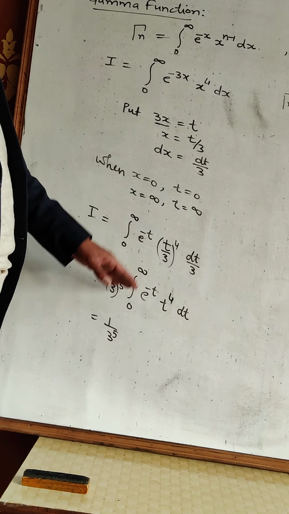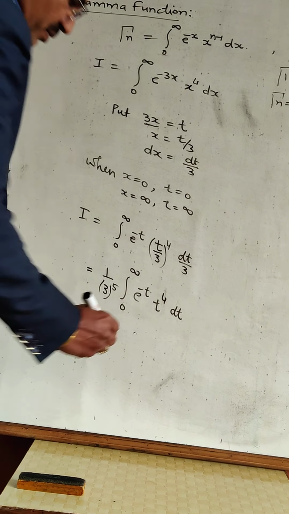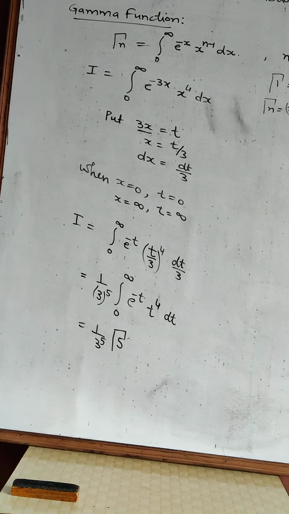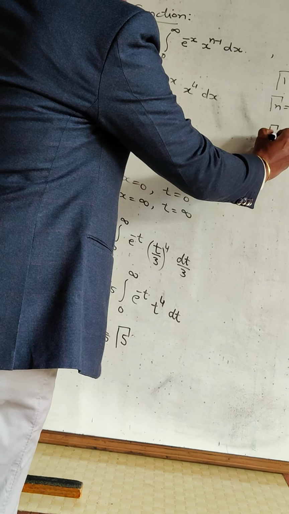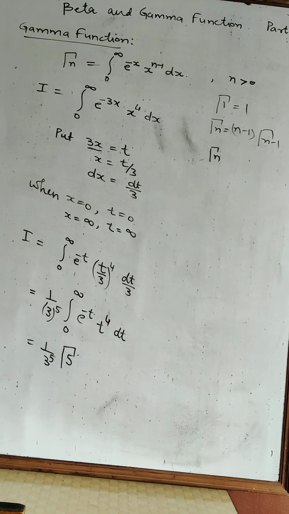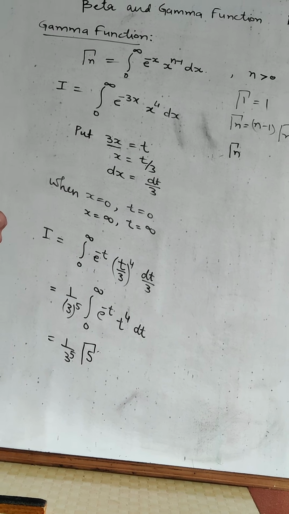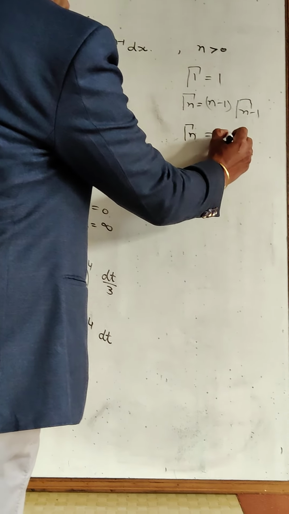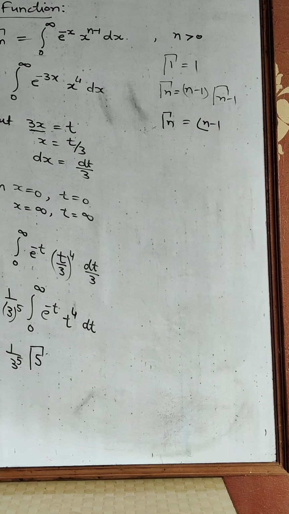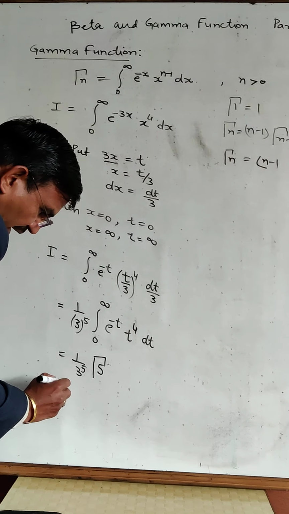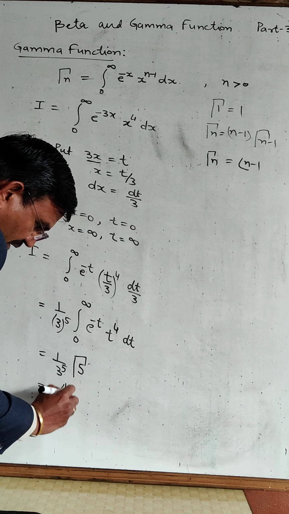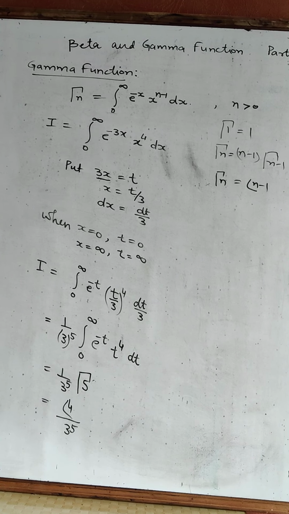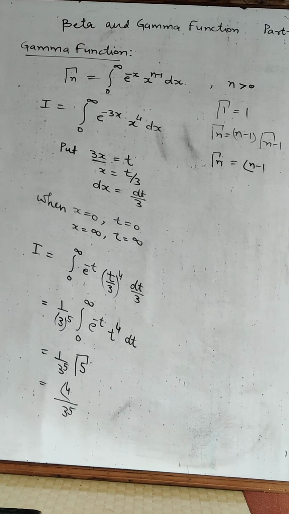From here if we compare it with our standard form, it would be gamma of 5. And in the special case of the recurrence relation, we have told that when n is an integer greater than 1, then gamma n would be factorial of n minus 1. So using the same result, gamma of 5 would be factorial 4 divided by 3 raised to the power 5, and we can find the exact value of this integral.